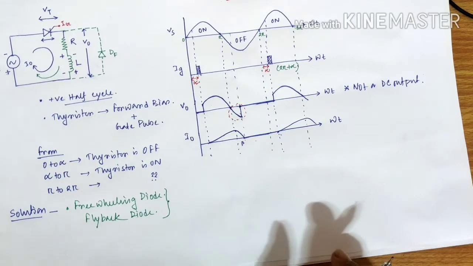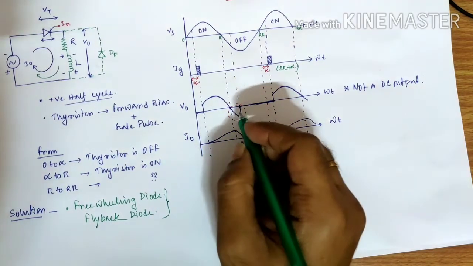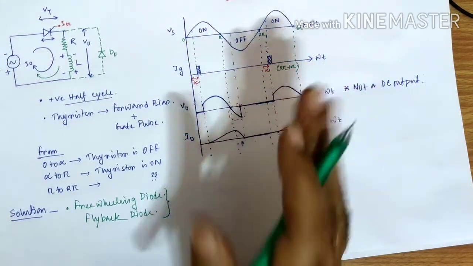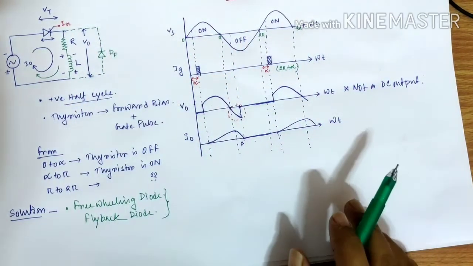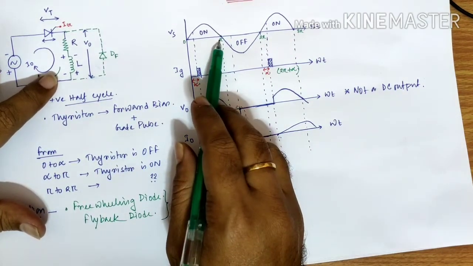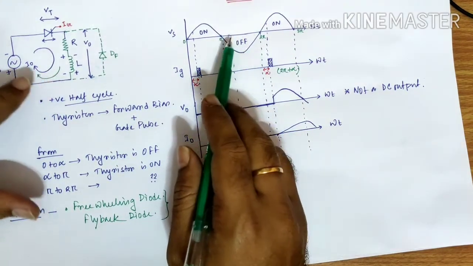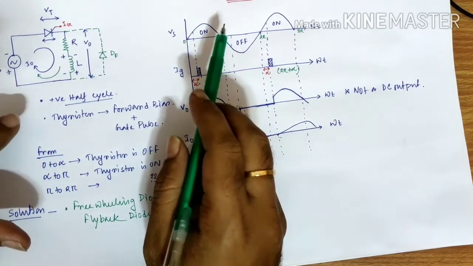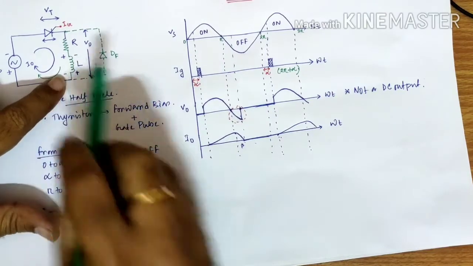What is the purpose of that one? Now we have to remove this negative pulse. That is the problem, and for that we have taken this solution. After pi, the negative half cycle of Vs starts. At that condition, what is the polarity of L?